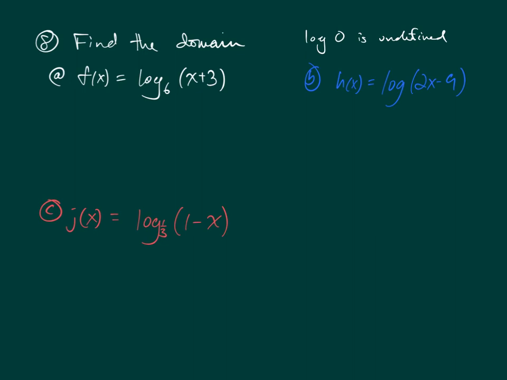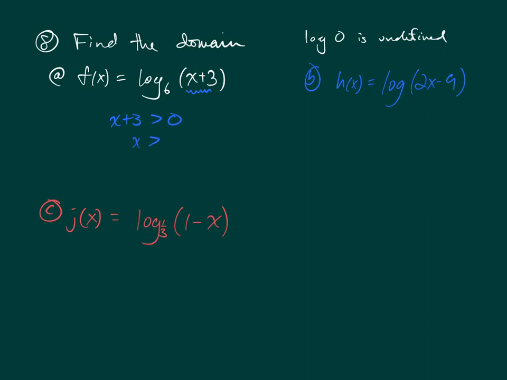So since numbers have to be positive on the inside of the log, if we take the inside of the log and we set it to be bigger than 0, that guarantees us that the argument is positive. So if we can solve for x, then we can find the domain.